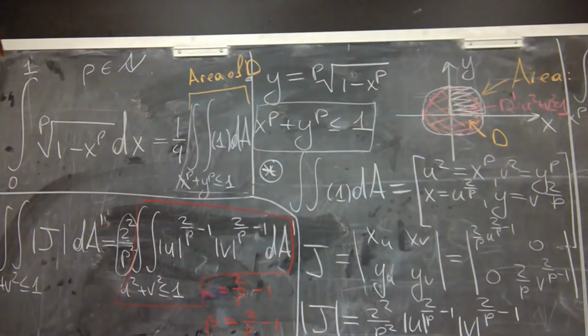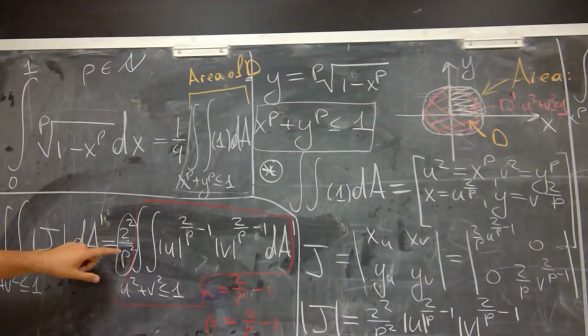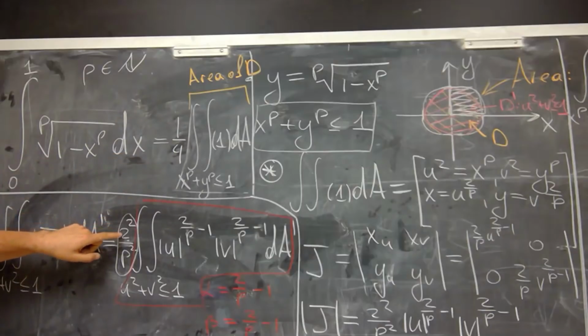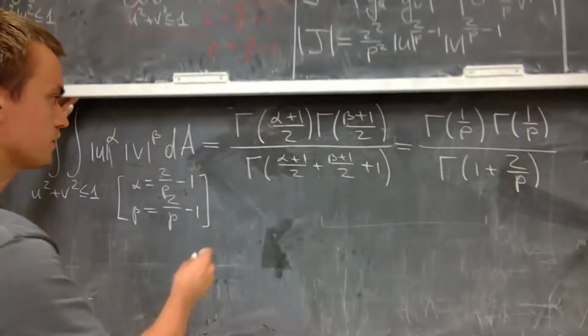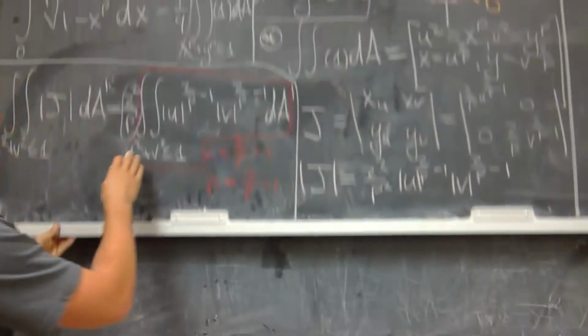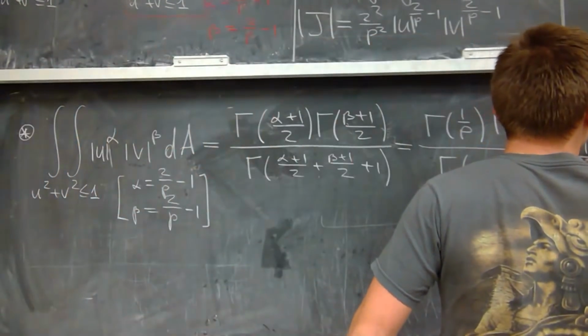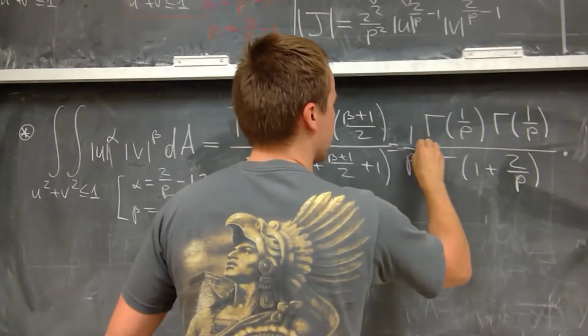So during my change of variables process, I will have here 1 over 4, and here I have 2 squared. So 4 and 2 squared will get cancelled. And I have an extra factor 1 over p squared. So I will have this gamma times 1 over p squared.